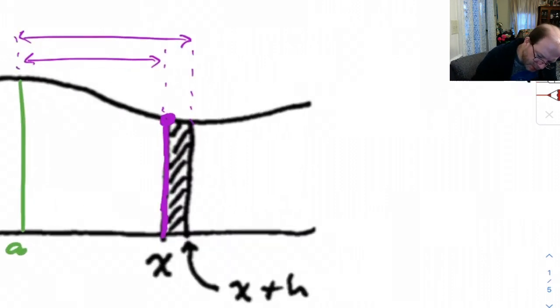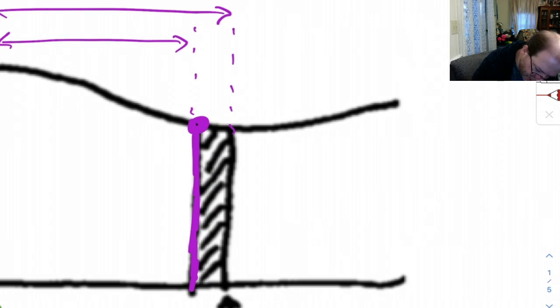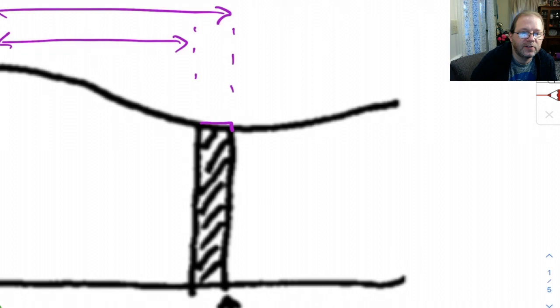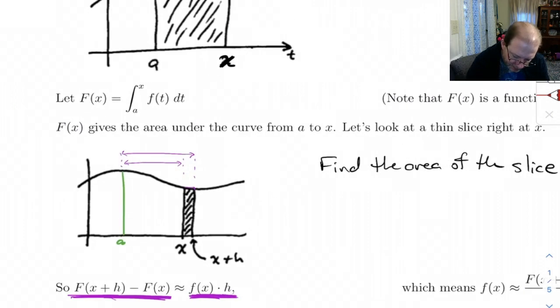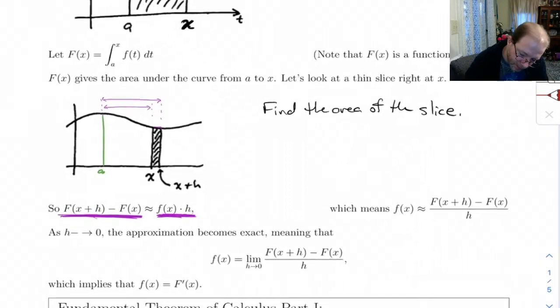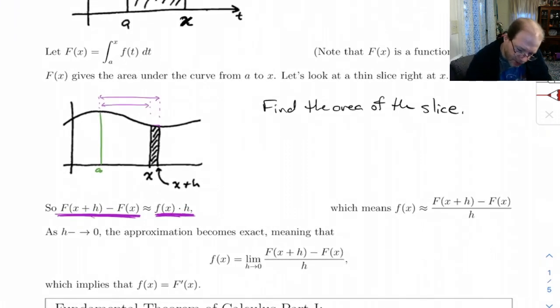Now, it's approximate because if you look at it really closely, on one side it's slightly higher than the other side. So that's not exactly the area. There's going to be a little bit of error. But that's approximately correct.